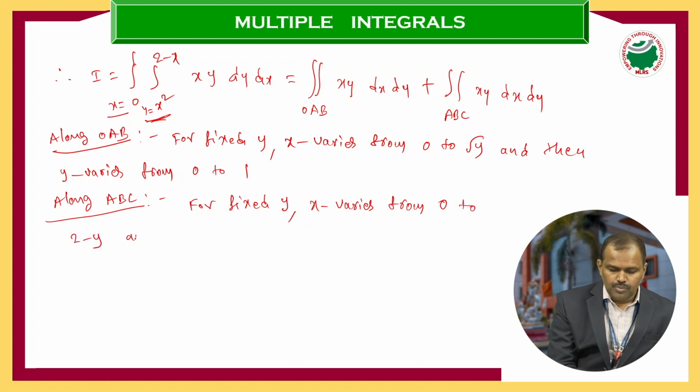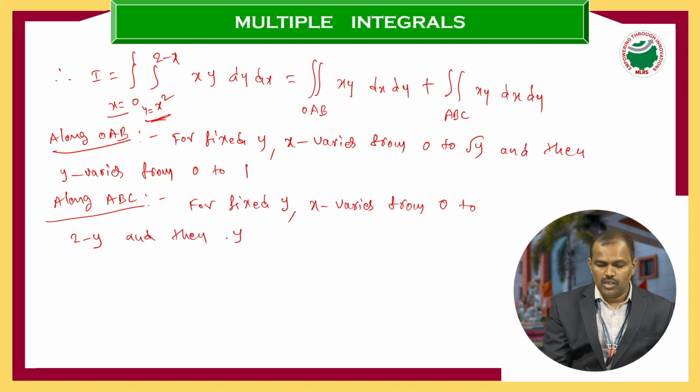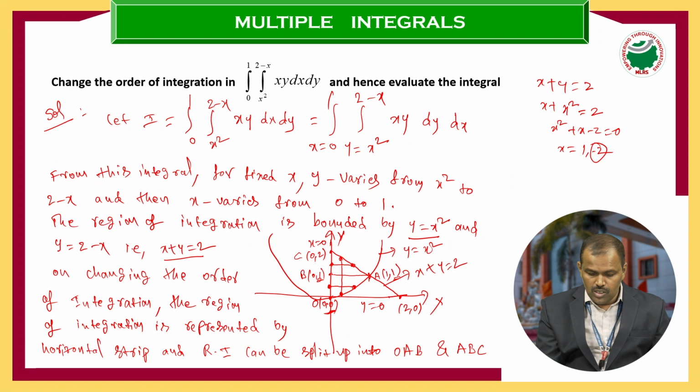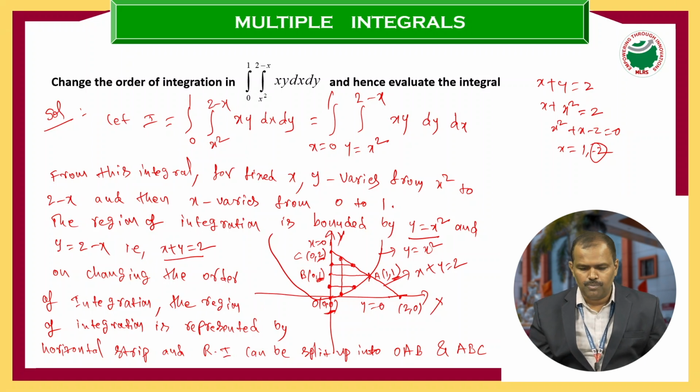And then y varies from... already I said y means vertical. Now look at this, y varies from 1 to 2, from this to this, 1 to 2. It's very clear from the figure.